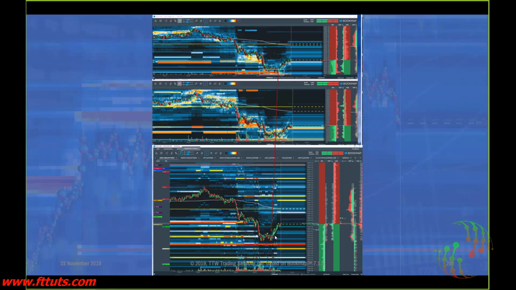When they are in sync, you can easily see where the liquidity areas are. Everything goes hand in hand. Nothing works in isolation. Everything is connected.